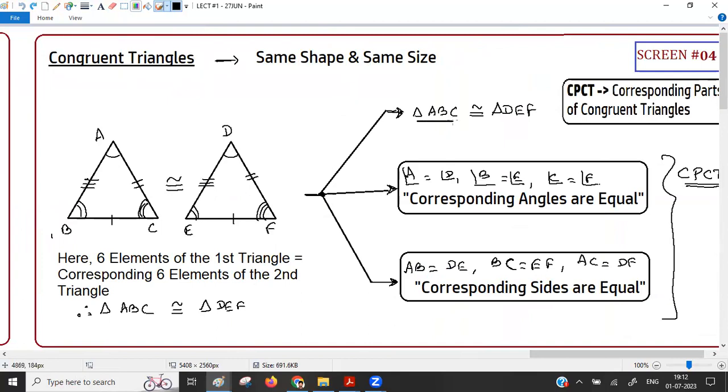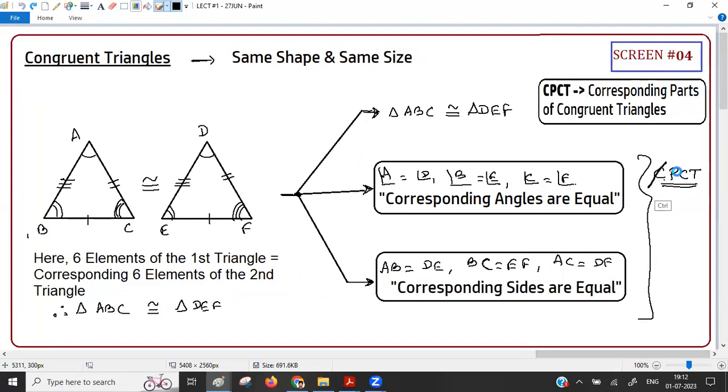If you are saying triangle ABC and triangle DEF are congruent, then the 3 corresponding angles and 3 corresponding sides must be equal. They are called corresponding parts of congruent triangles. Are you clear? Corresponding parts of congruent triangles.